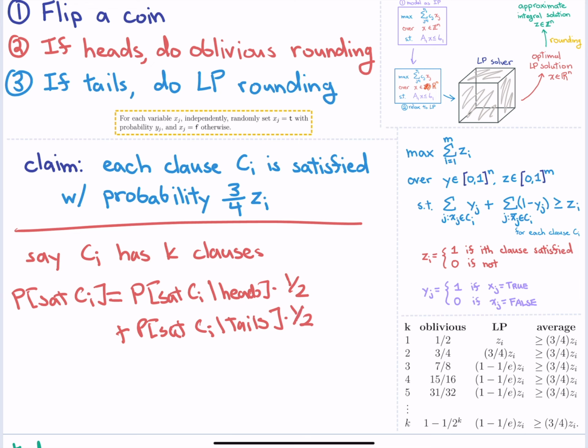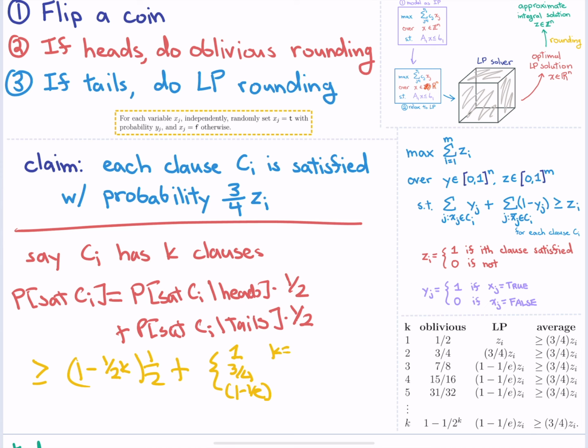So let's say that this thing is at least, all right, what do we know? 1 minus 1 over 2 to the k is what we got, right? Like when k was 3, that's 1 minus 1/8, and we get 7/8, times 1/2, plus, depending on the value of k, it was either 1 or 3/4 or 1 minus 1 over e, right?